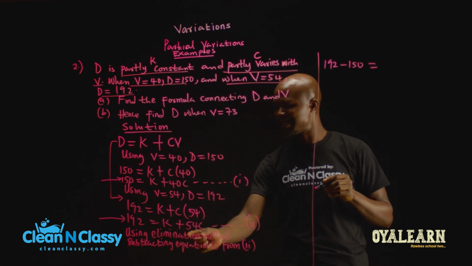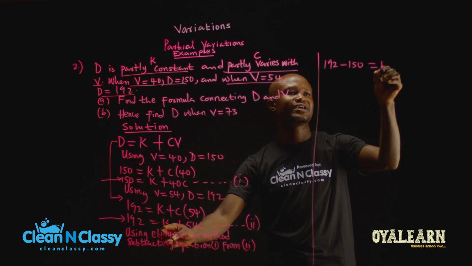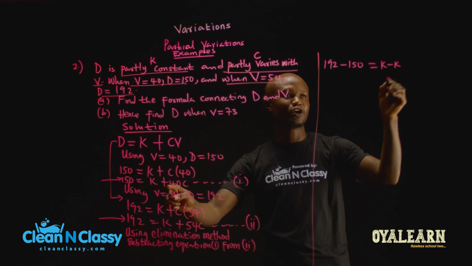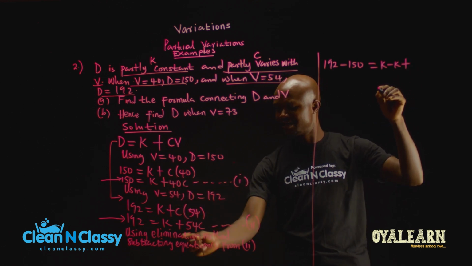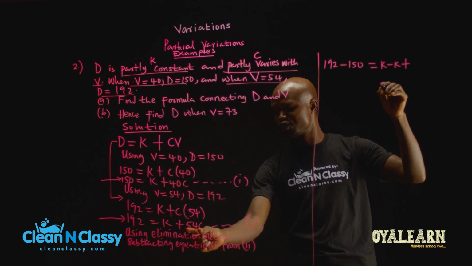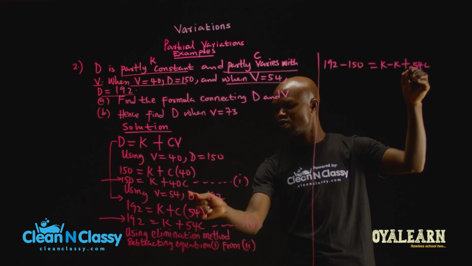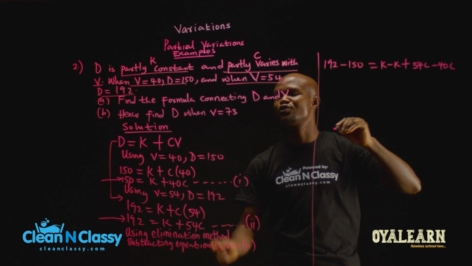Now let's move to the right. We have K here, then minus this K. K minus K. Then the next one, we have 54C minus 40C.